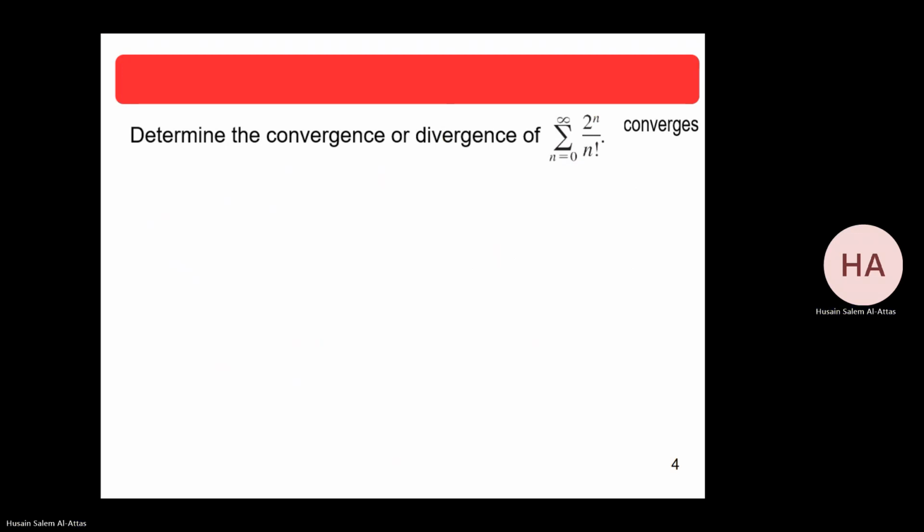What I will do, I'll find L, which is the limit. Now, before that, since it's the first one, let me do it in detail. What is a_n? a_n is 2 to the power n over n factorial. What is a_{n+1}? That will be 2 to the power n plus 1 over n plus 1 factorial. I change each n to n plus 1.